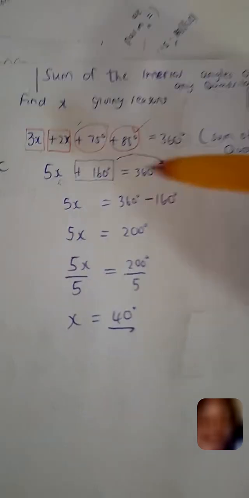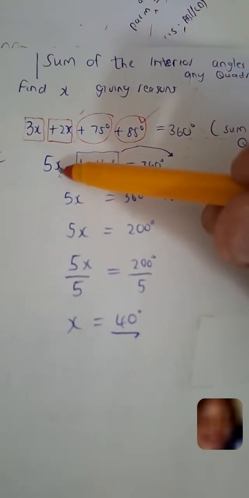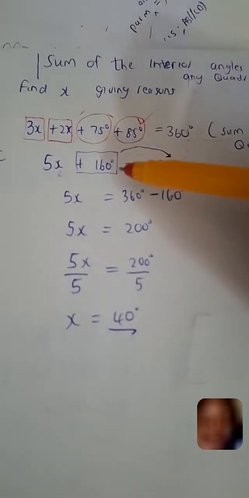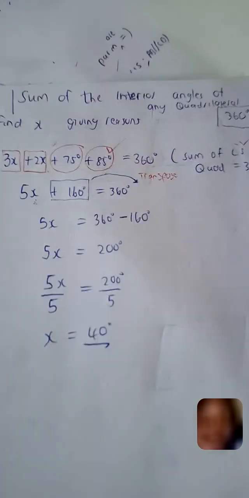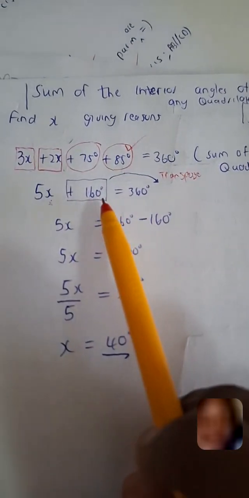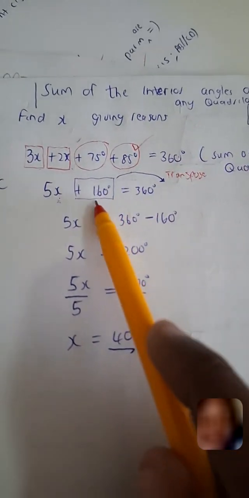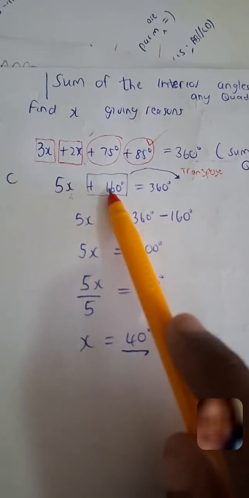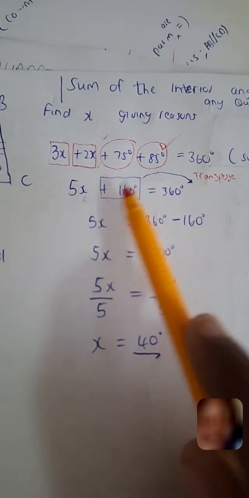Yes. Okay. So 160 is added to 5x. I like what somebody said in the comment section. We tend to say we transpose the term. Transposing the term is also a concept. The concept behind transposing: it's plus 160, and you want to get rid of plus 160.